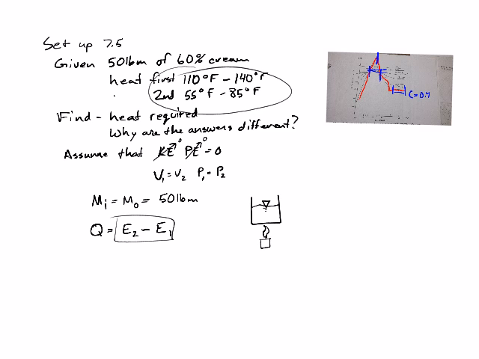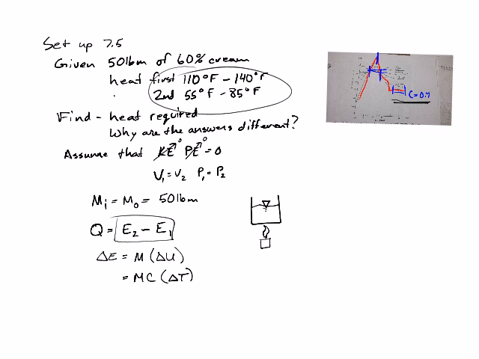Like I said, for heating from 110 to 140, we have this nice constant C value. So that one I'm not even going to mess with for you. Because Q equals E2 minus E1, and delta E is equal to mass times delta U, and that is equal to mass times C, specific heat, times delta T. You ought to be able to figure that one out.